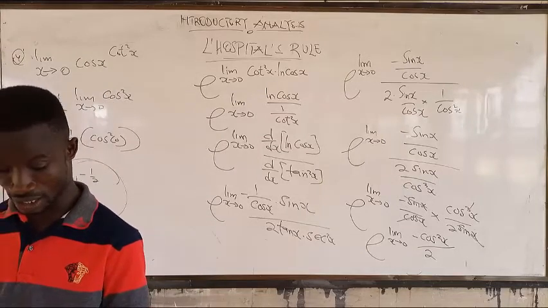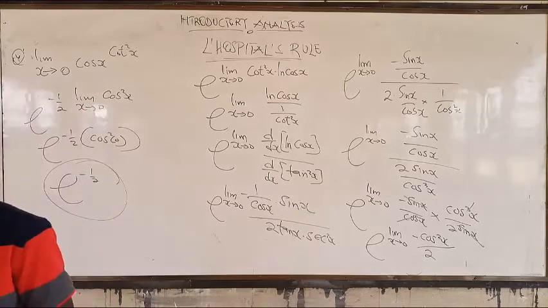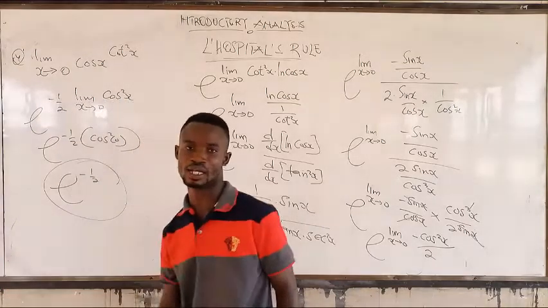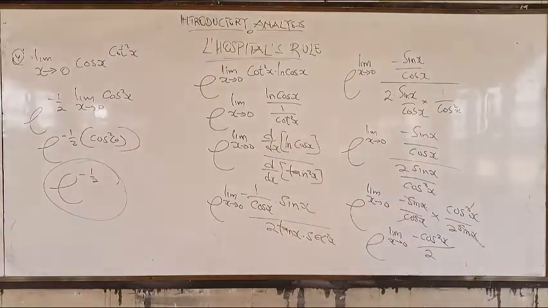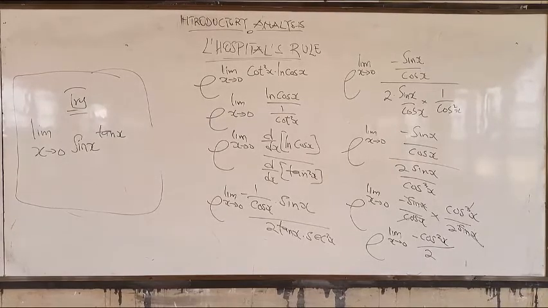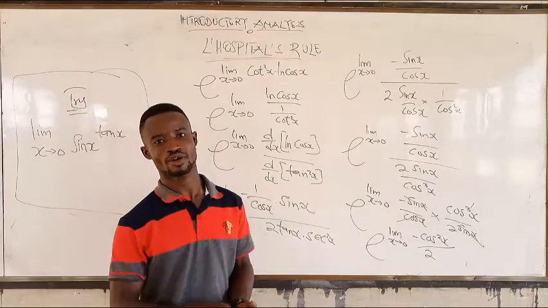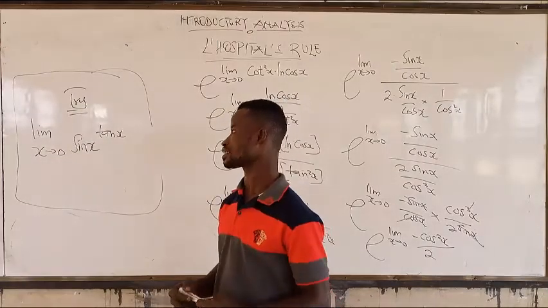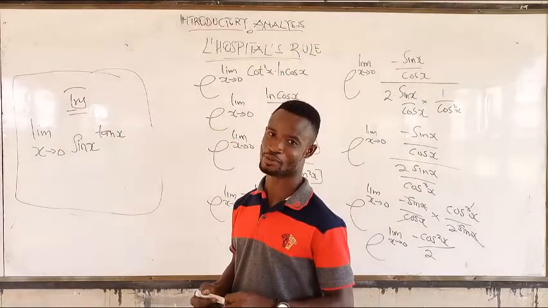I think we have one here. Oh, that one is different. Okay, so I'll give you one to solve. Alright, so I give this to you to go and try. The limit as x approaches 0 of sine x raised to the power after this.